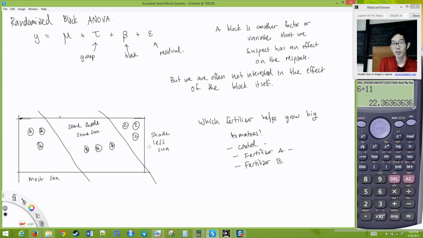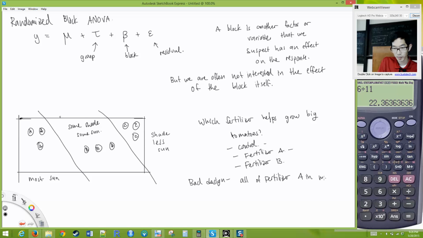And you don't know if the control grew the least because they got the least sun, or because the control was the least effective at producing big tomatoes. So this would be a bad design: putting all of fertilizer A in the most sun area, etc.